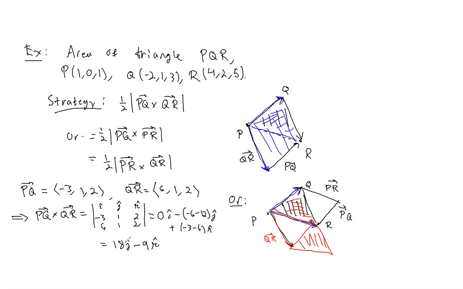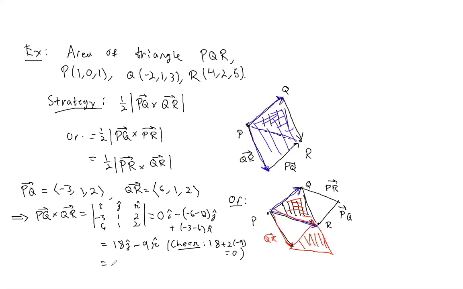To test this, just to check, in both cases we get 18 plus 2 times -9, which is in fact 0 in both cases. So you take the dot product of PQ and PQ cross QR, and QR dot PQ cross QR, you get 0 in both cases. So yeah, we did this right.